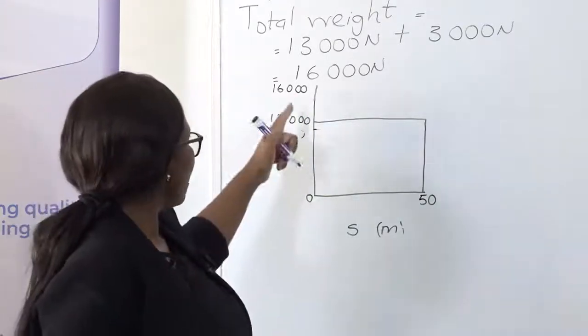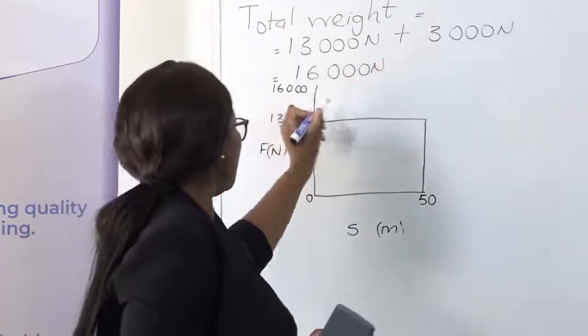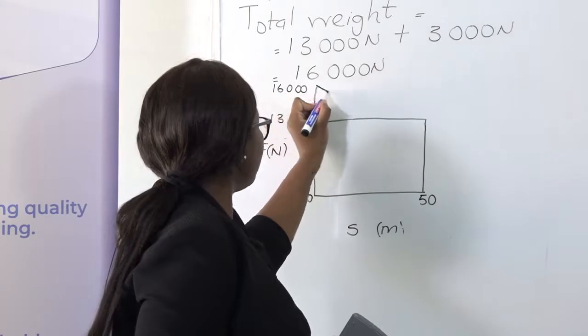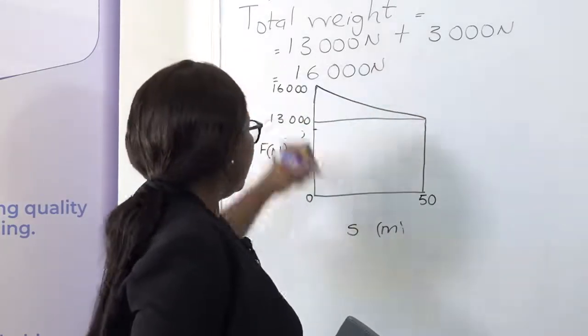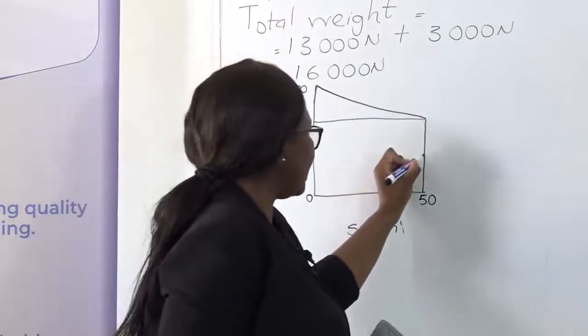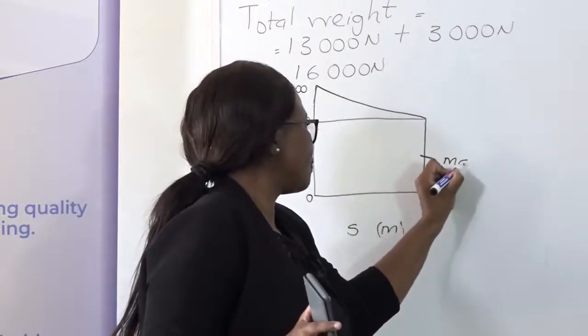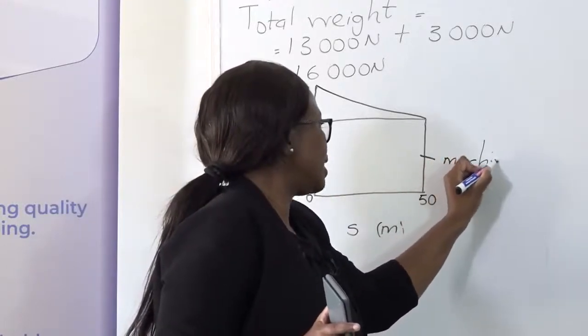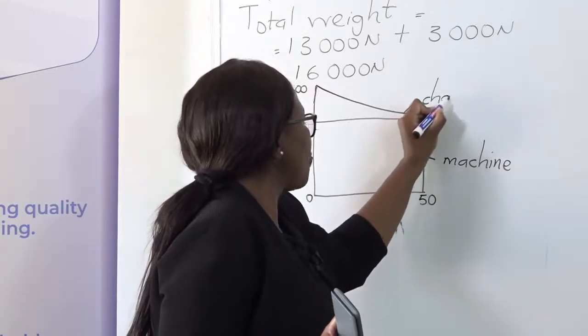That 3,000 is the weight of our chain. So here we go, we're going to use the shape of a triangle. Then we indicate that this is the weight of the machine, and on top is the weight of the chain.